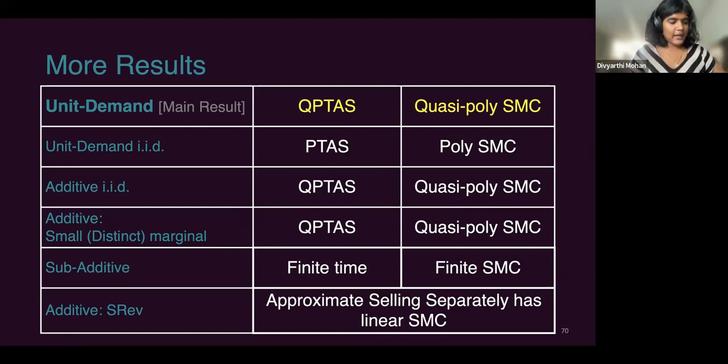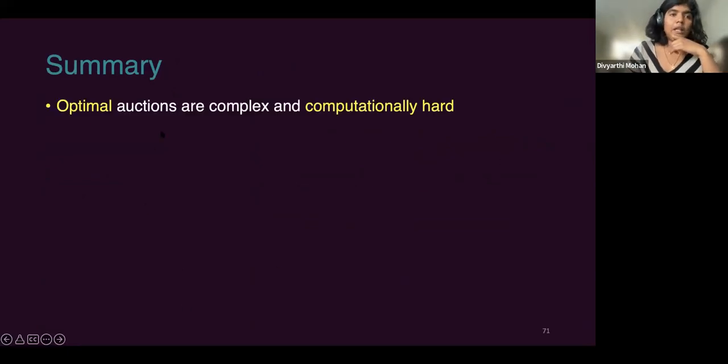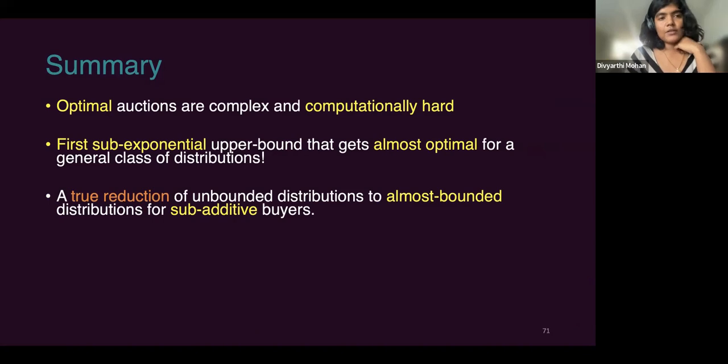Cool. With that, I'll wrap up with a summary. We saw that optimal auctions in the multi-item setting can be very complex and computationally hard. Our work gives the first sub-exponential approximation scheme, the first sub-exponential mechanism that gets almost optimal revenue for a very general class of distributions in the unit demand setting. We also give a true black box reduction, a polytime reduction from solving for unbounded distributions to almost bounded distributions.